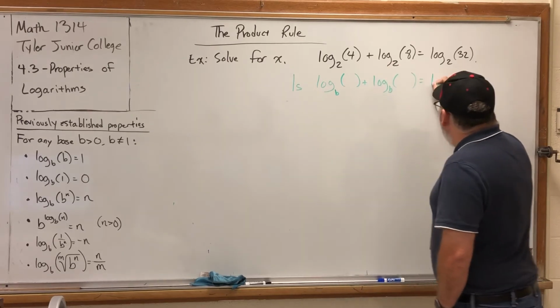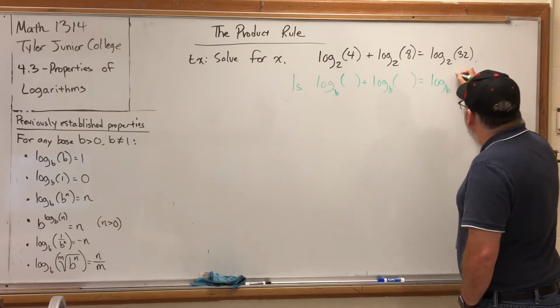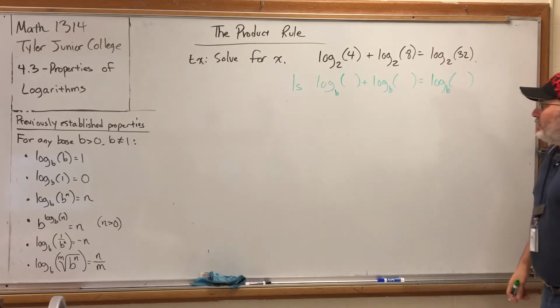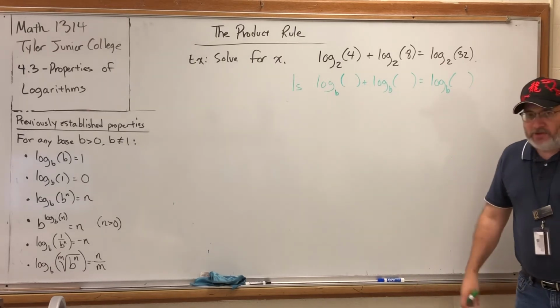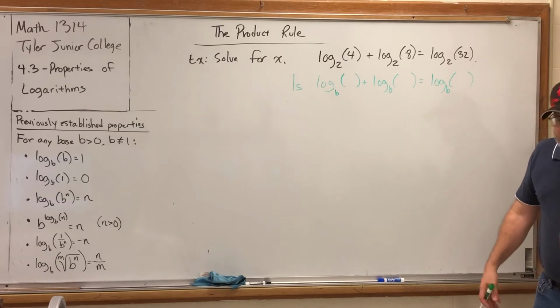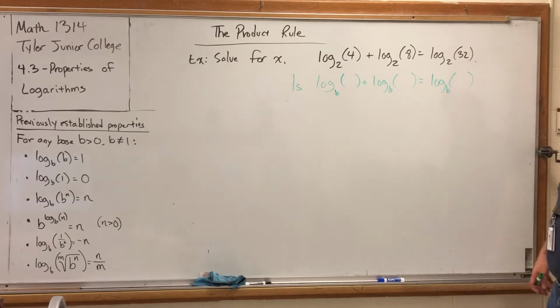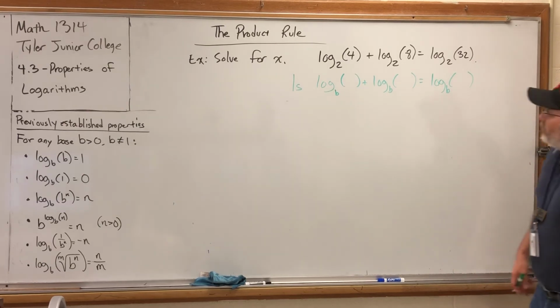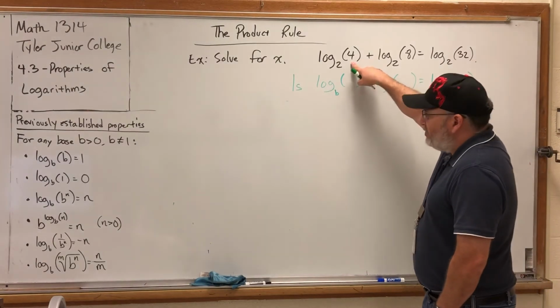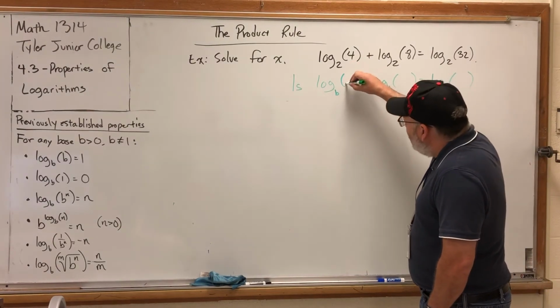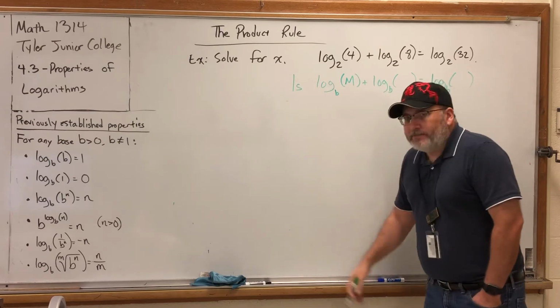So the sum of 2 logs is equal to a third log. But how can we generically capture the idea that we multiply the 2 arguments, or asking, can we multiply the 2 arguments? Well, let's replace the first argument with a generic argument. We'll call it capital M. Why not?